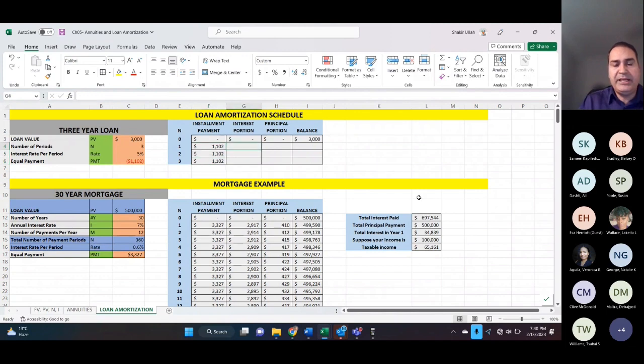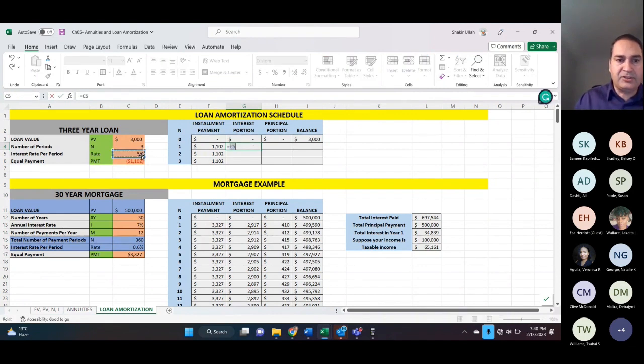Okay, so how much will be the interest? We know the interest rate is 5%. And this interest is charged on the loan amount that we have at any particular time. So right now, our loan balance is 3,000. So interest would be equal to 5% of 3,000. And I can press the F4 button so that the interest cell remains the same, and multiply by the balance.